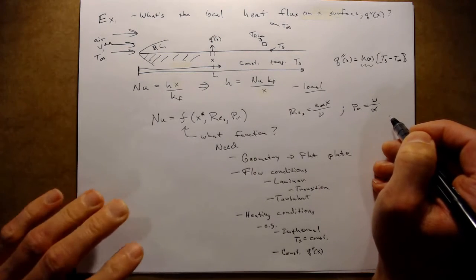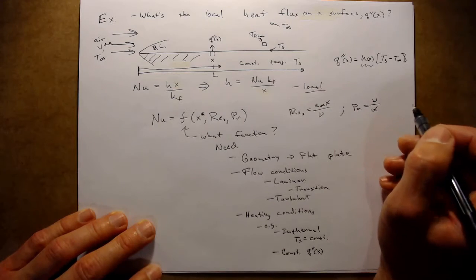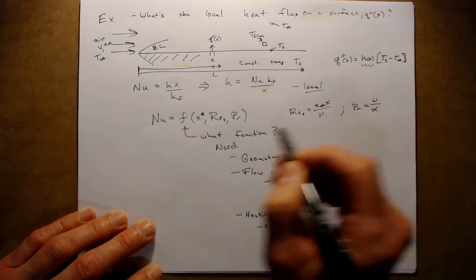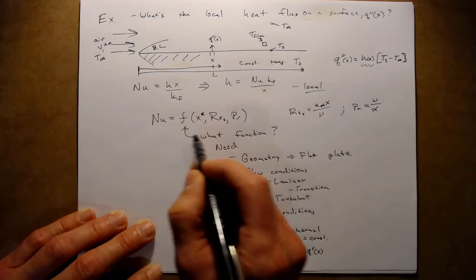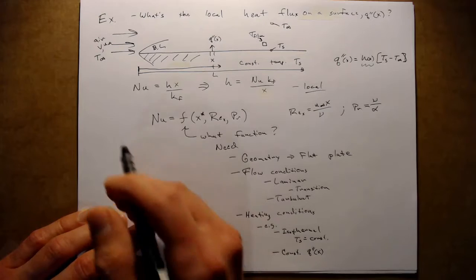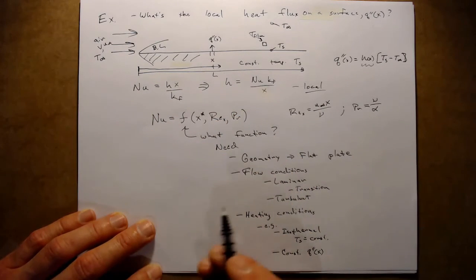Things like engine oil and even water have viscosities that can vary dramatically over the temperature ranges of interest. So if we want to evaluate the Prandtl number, in reality, we probably should be evaluating this locally and integrating this as part of our solution.